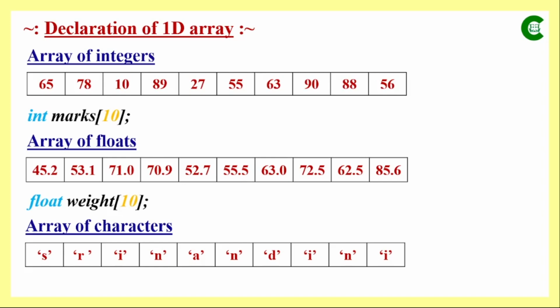So if the maximum length of the name is 10, then we have to allocate 11 bytes for that, and accordingly we have to declare that particular array. So the array or variable name is name, and since this is a string, the data type will be char, and the size of that array is 11.